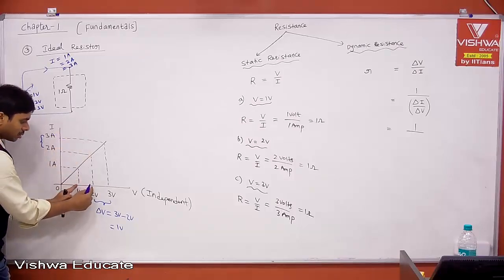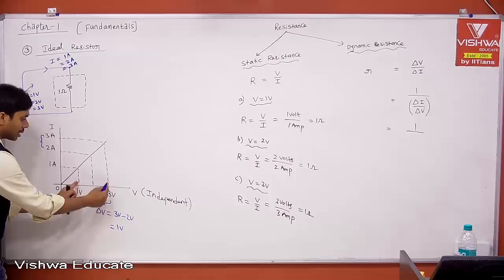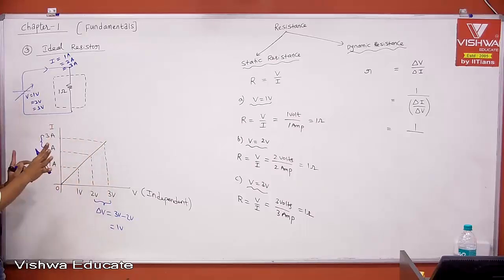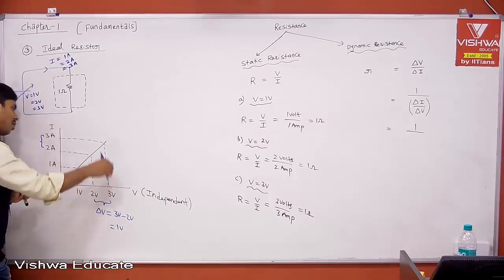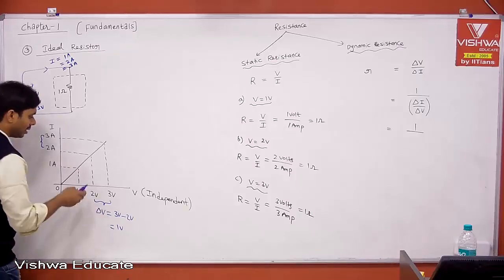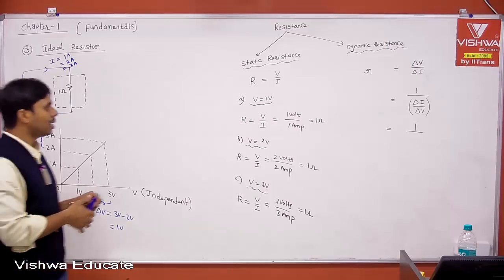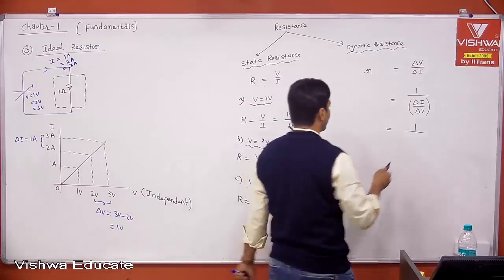Remember, I can take this also, then the corresponding change in current. Whenever I say delta V, take the corresponding delta I. I hope it is clear. Okay. Therefore, delta V, then the corresponding delta I is equal to 3 minus 2, 1 ampere. Right? You can take any delta at any point. Okay. Fine.